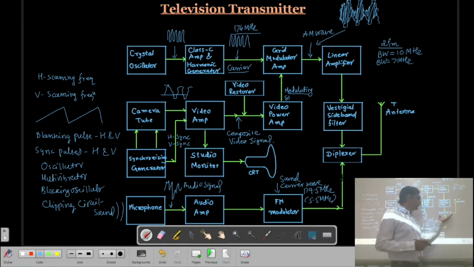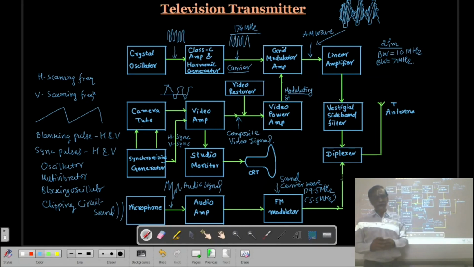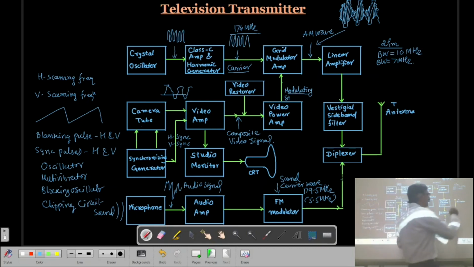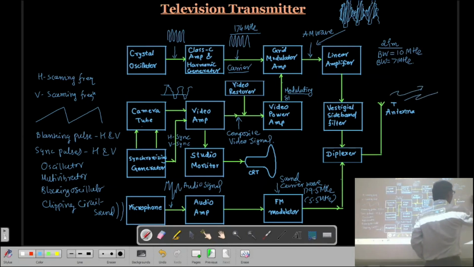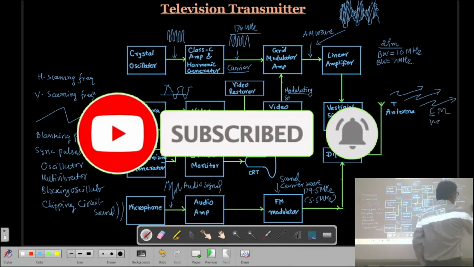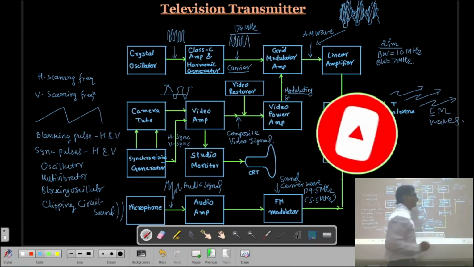So the diplexer unit is nothing but a balanced bridge circuit. Then it is given through a coaxial cable to the transmitting antenna, and the transmitting antenna transmits your information in the form of electromagnetic waves.